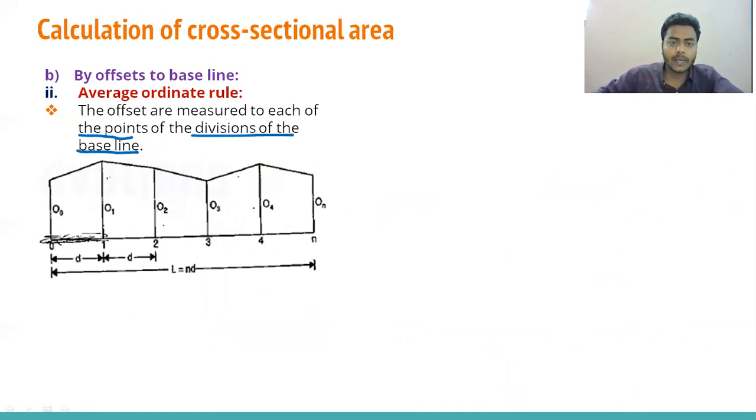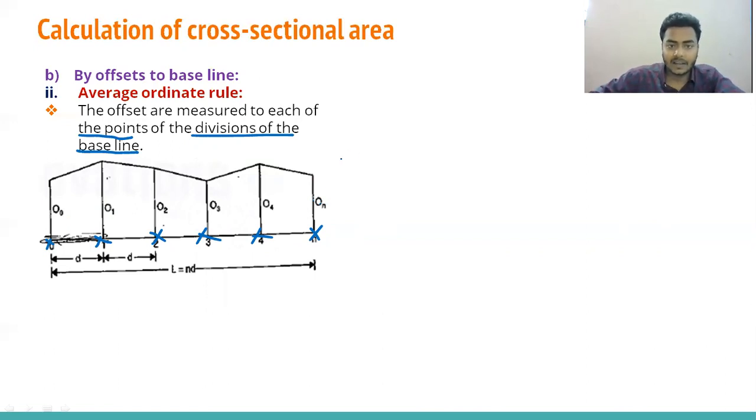In this case also, the baseline is divided into n number of divisions, and at each point, this point is here, this point is here, we take the ordinate at these points. Note: not at the midpoint of the division, but at the end point, where each division starts or ends. So the first ordinate we name O0, then O1, O2, O3, O4, O5, like that up to On, right?